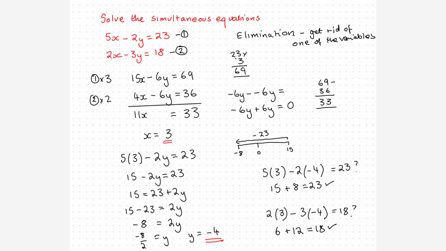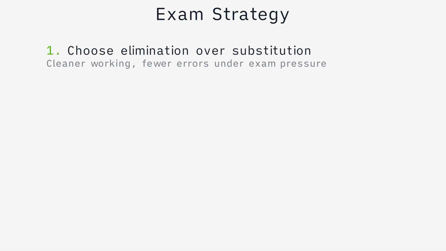So just to recap, we've got method choice, elimination, not substitution. And although substitution might look clean in some textbooks, under exam pressure, it's where students slip. So this was confirmed in the, as I say, June 2024 paper. The second bit, choose your variable, eliminate the y first, multiply to get 6y, because eliminating x leads to bigger numbers and more subtraction errors with negatives.